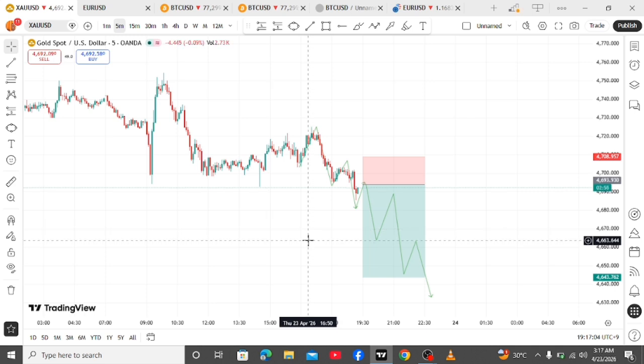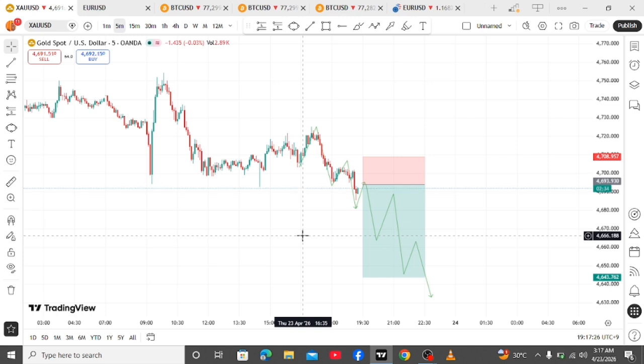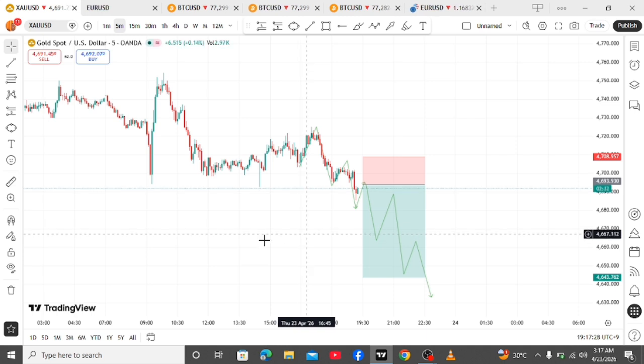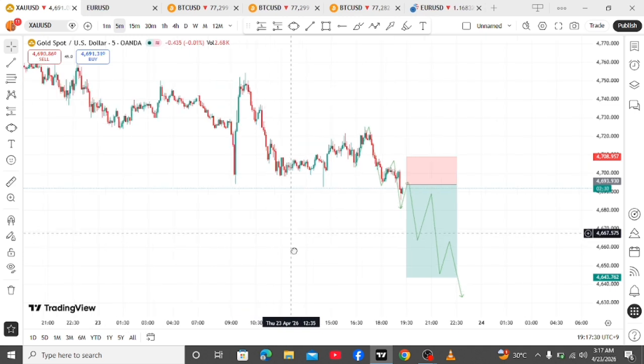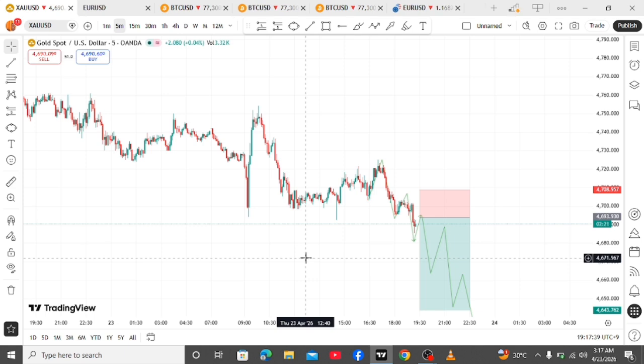If it's in an uptrend, go to the bigger time frame, spot if the market is going up or down, then go over to the smaller time frame to take in your positions. You should do this from time to time so you get used to it and start trading and make money. This is how we make money, by predicting the market. We are predicting if the market is going up or down, and then we sell or buy.